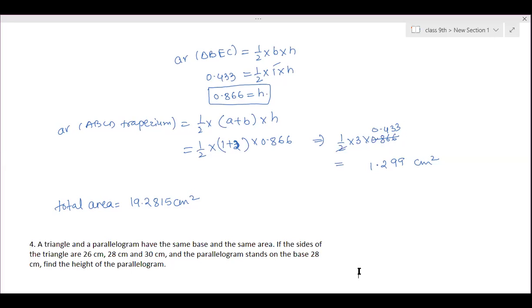Ma'am, is the height of the parallelogram equal to the height of the triangle? No, that is not given.